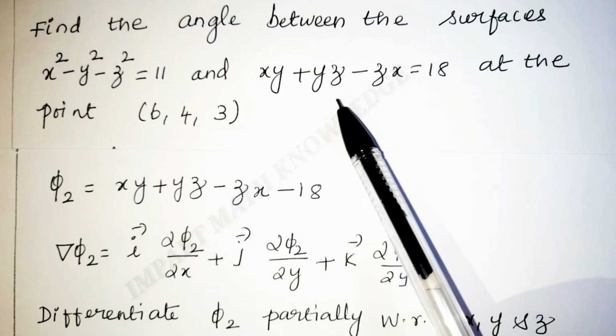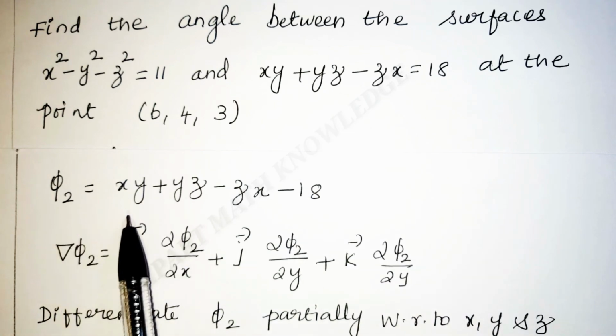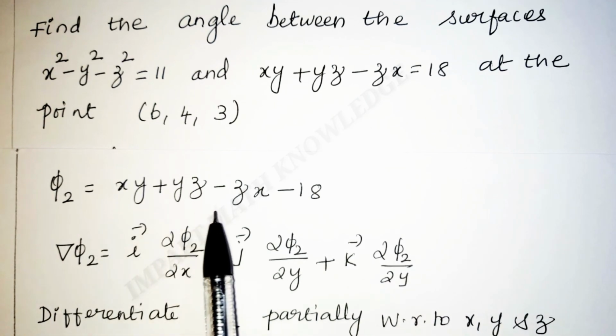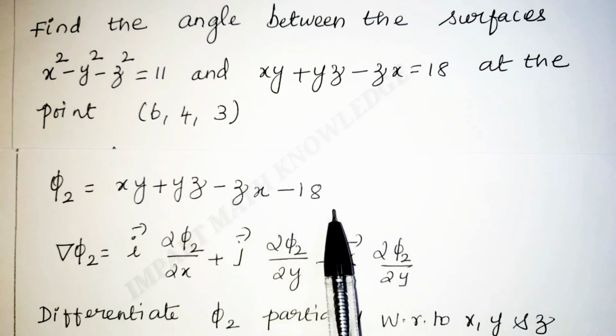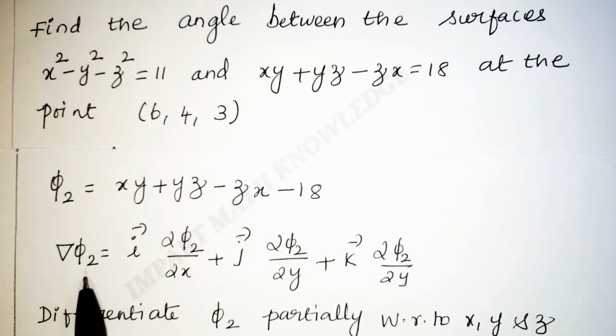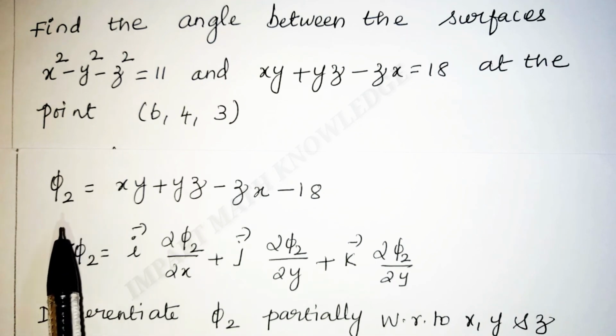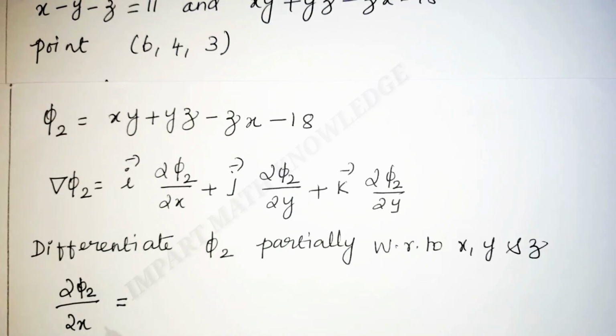From the given problem, the second surface pi 2 is equal to xy plus yz minus zx minus 18. We have to find del pi 2. For that, you have to differentiate pi 2 partially with respect to x, y and z. Dou pi 2 divided by dou x.